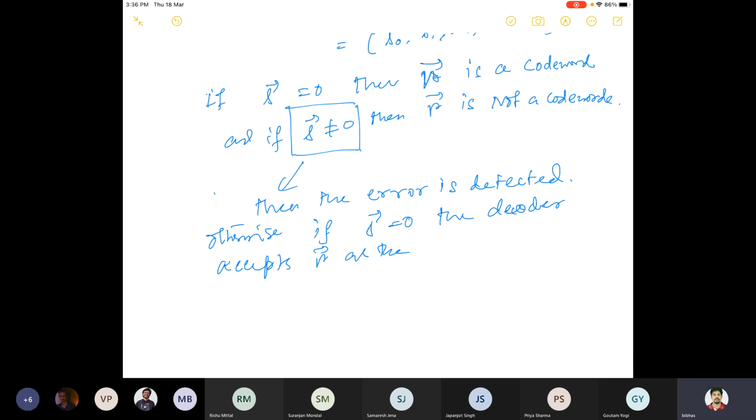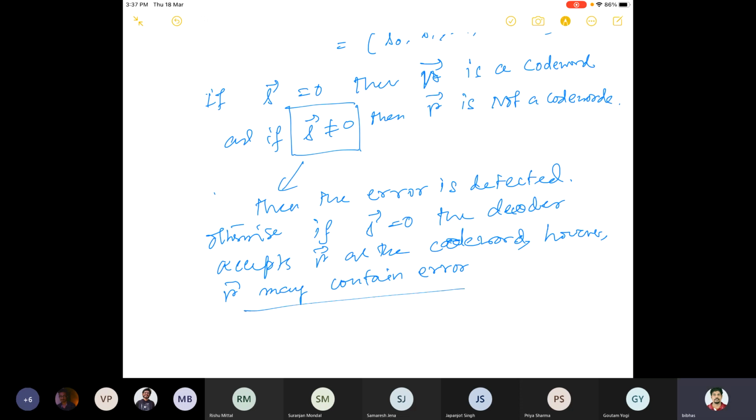However, R may contain error, and then this error is not detected. So it is not a detectable error then.